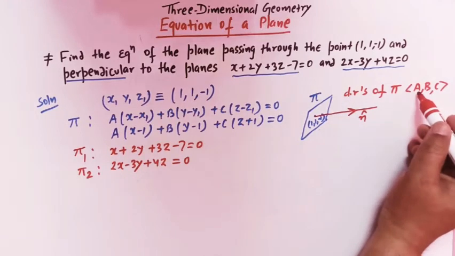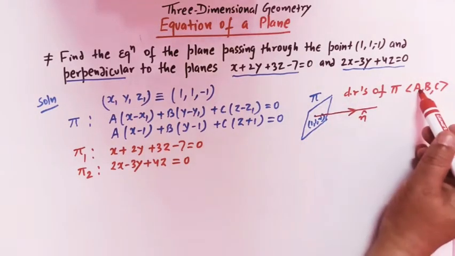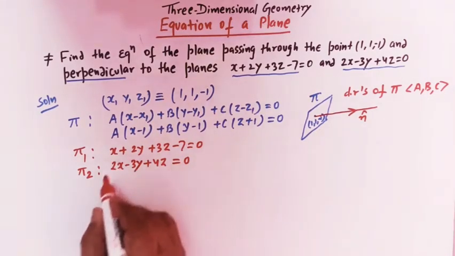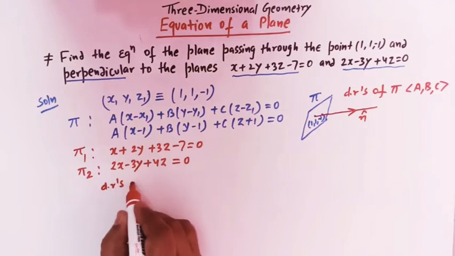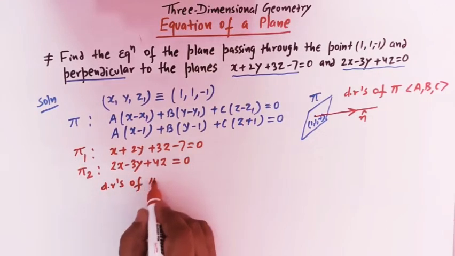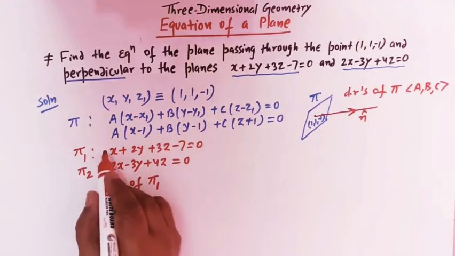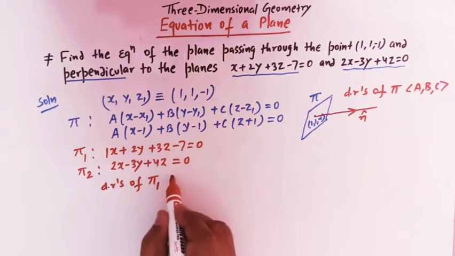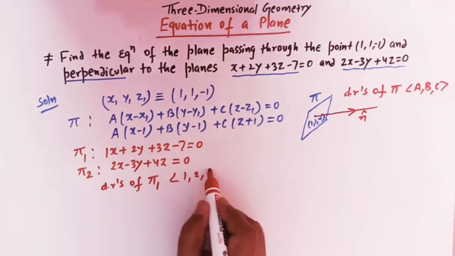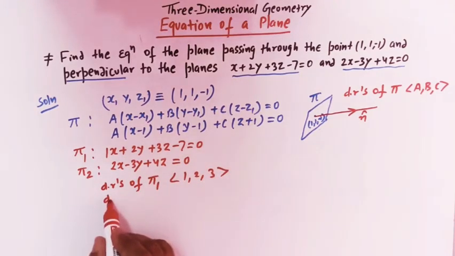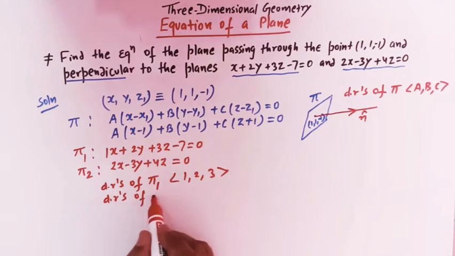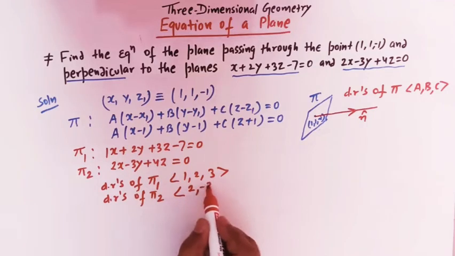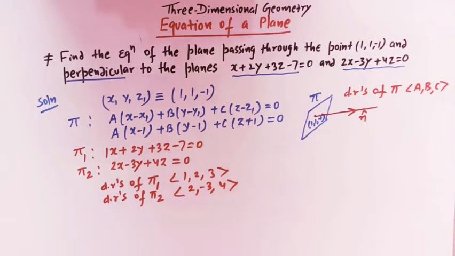The DRs of this plane are A, B and C. Now the DRs of the plane pi 1 are given by the coefficients of x, y and z. So the DRs are 1, 2 and 3. And the DRs of the plane pi 2 are 2, -3 and 4.